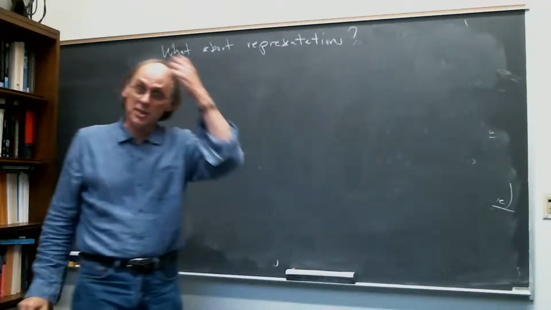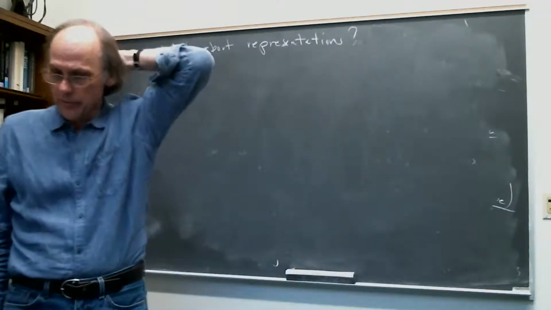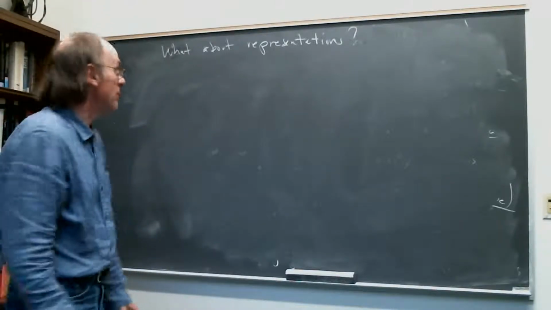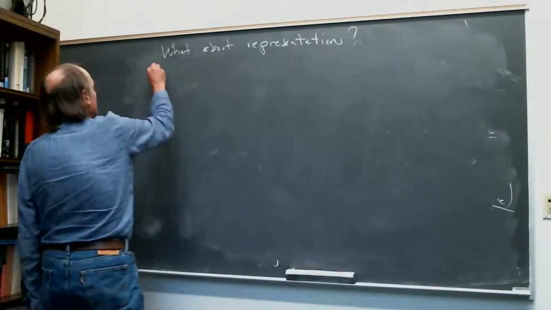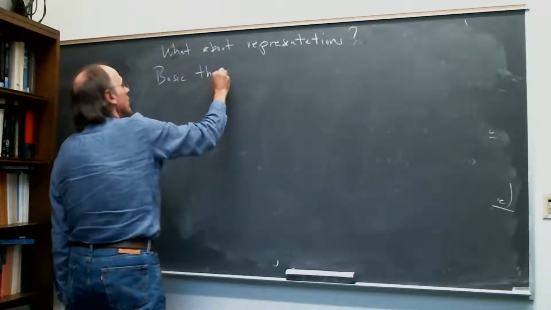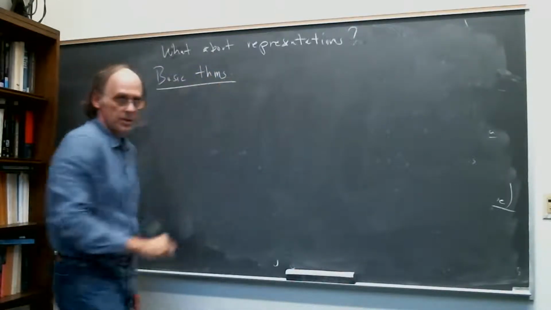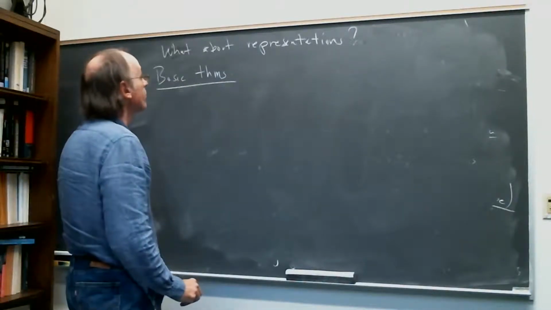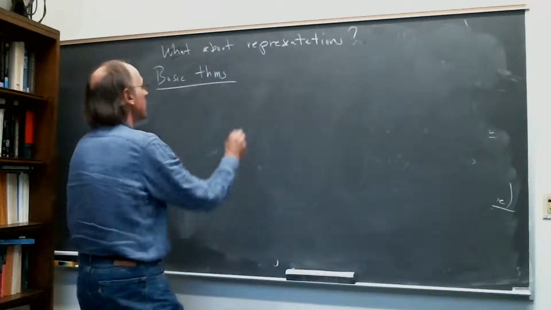So what about representations of this Lie group or this Lie algebra? There are some basic theorems I won't really prove, but you can.